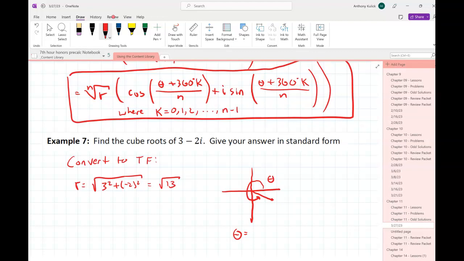What measure should I measure this angle in, radians or degrees? Does it matter? No, right? Nothing is indicated. Do whichever one you like. Most of us probably feel more comfortable in degrees. Let's do that. So there's my alpha there. So that'll be 360 minus alpha.